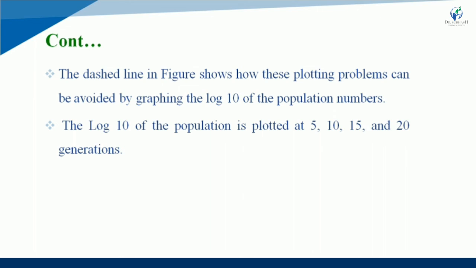The dashed line indicates the logarithmic value, while the solid line indicates the arithmetic value. Log 10 of the population is plotted at 5, 10, 15 and 20 generations.